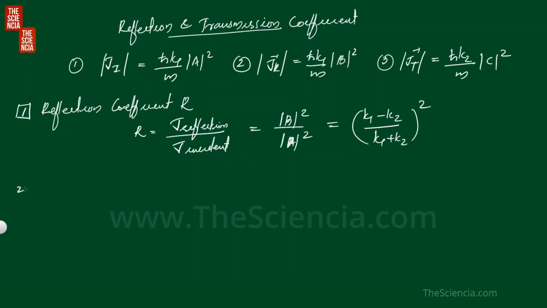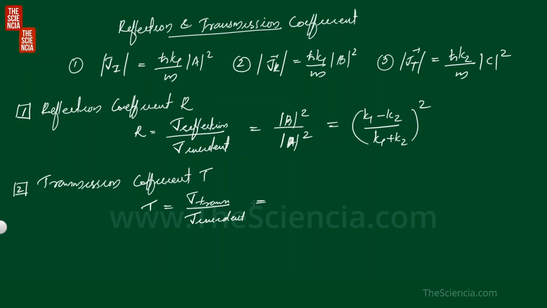Now the second one, we can find the transmission coefficient. T, the transmission coefficient, is defined as J transmission by J incident.